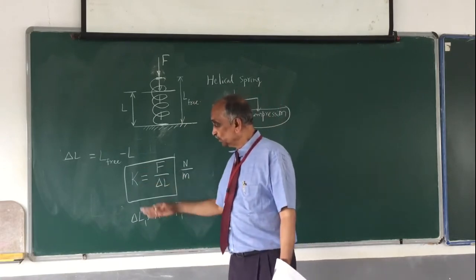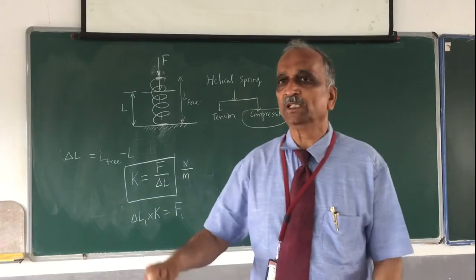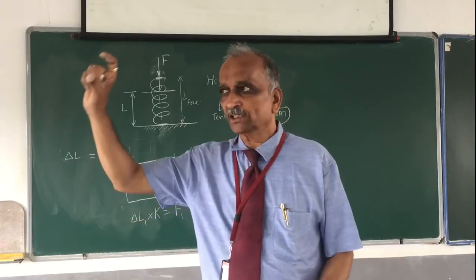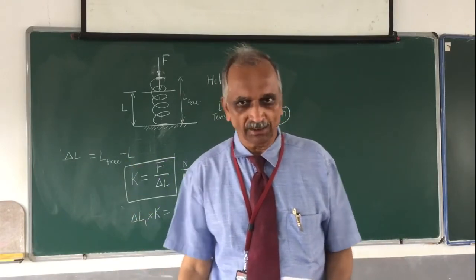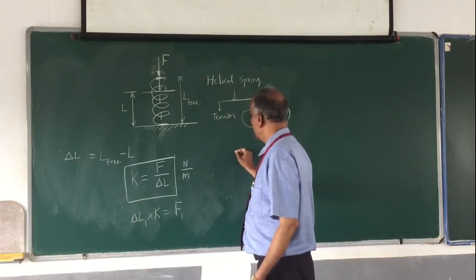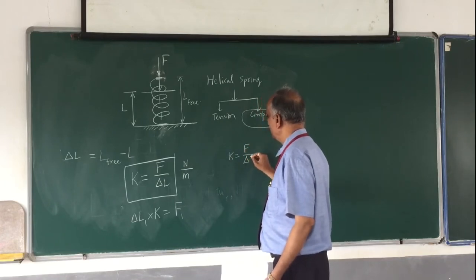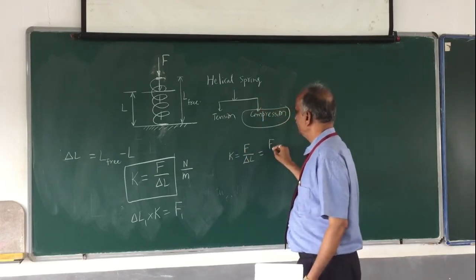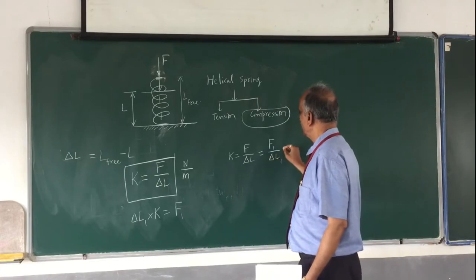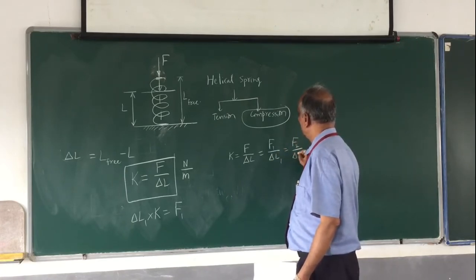So if you know K, then you can easily find out how much force has been applied to get a certain compression delta L1, and this is very, very important. So K is equal to F divided by delta L, which is also equal to F1 divided by delta L1, also equal to F2 divided by delta L2, etc.